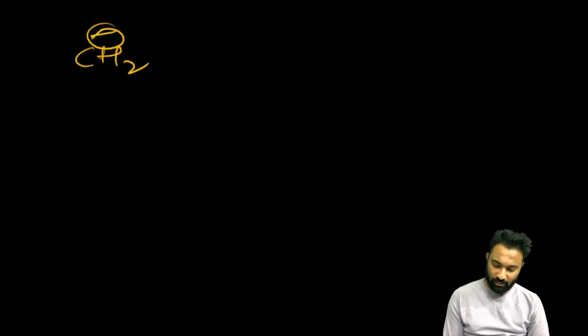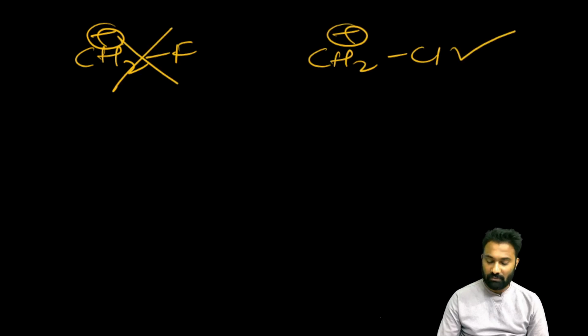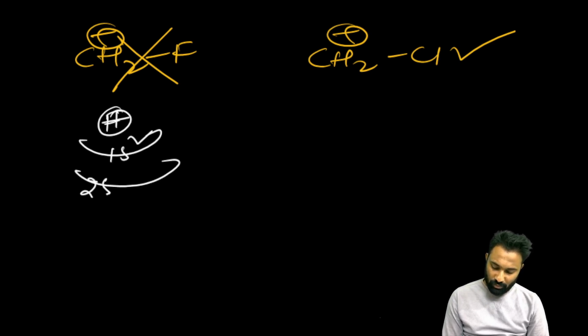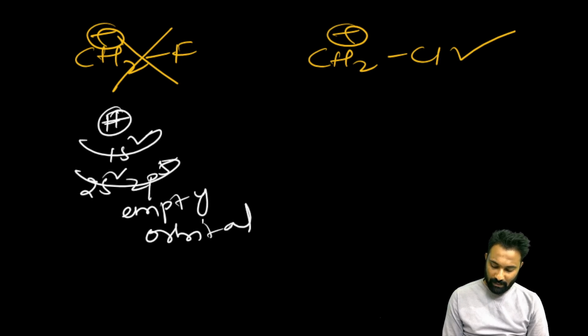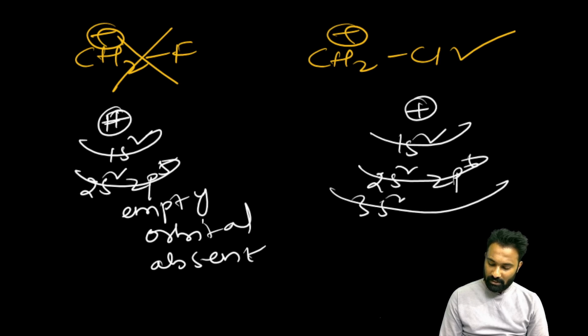Here the CH2 negative and the F they have given. Here the CH2 negative and the chlorine they have given. Now one will not show the delocalization and this one will show the delocalization. Why? Because in fluorine we have 1s2, 2s2 and 2p5. There is no empty orbital. Now for the chlorine case, 1s2, 2s2, 2p6, 3s2, 3p5 and 3d is empty, right?